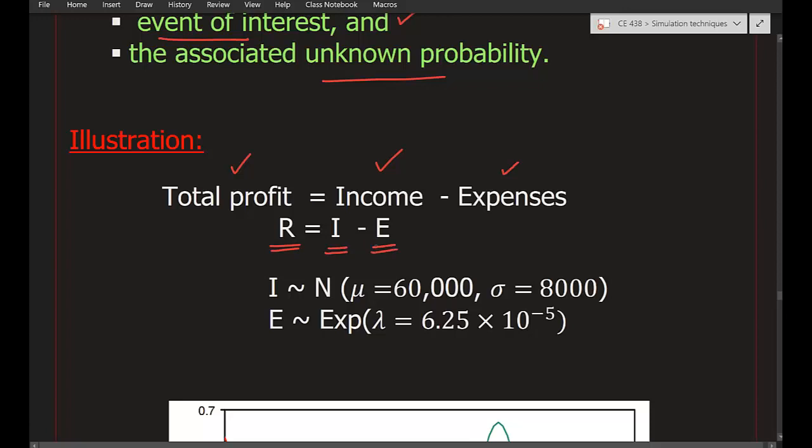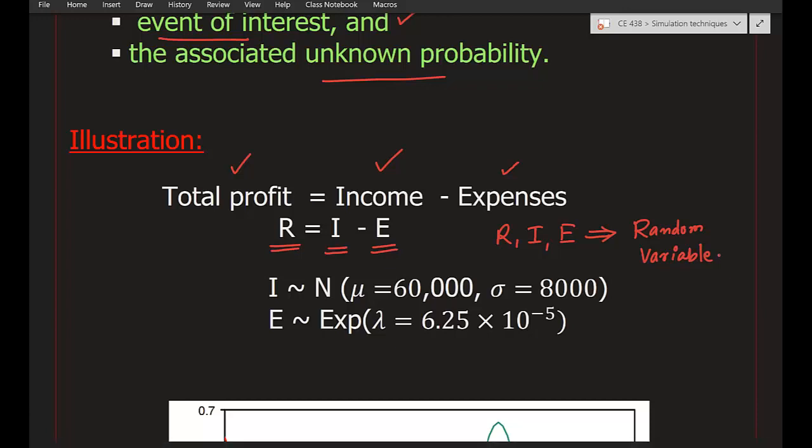Now as said in the previous class, these terms R, I, E are basically stochastic, or we can say these are random variables. And if you remember, a random variable is generally described by a distribution.